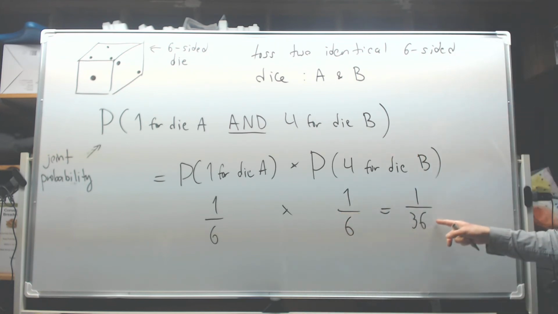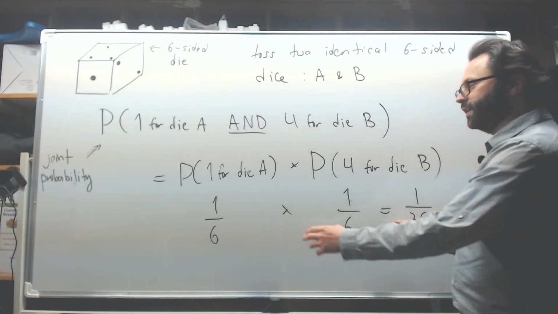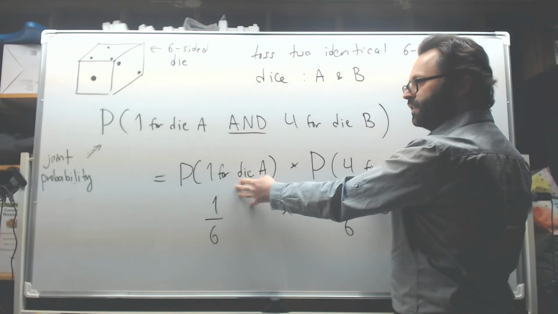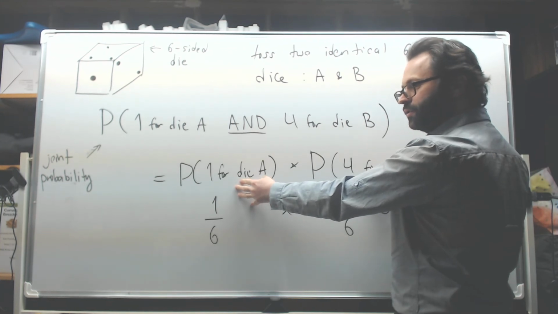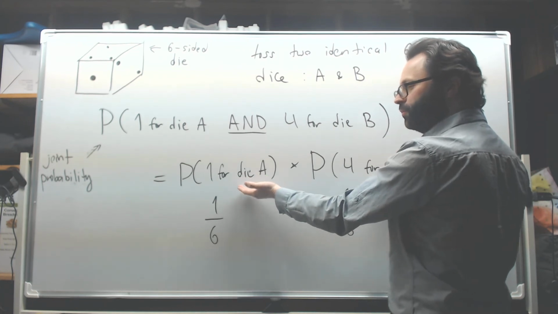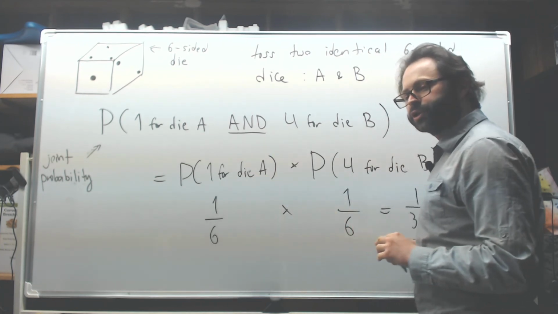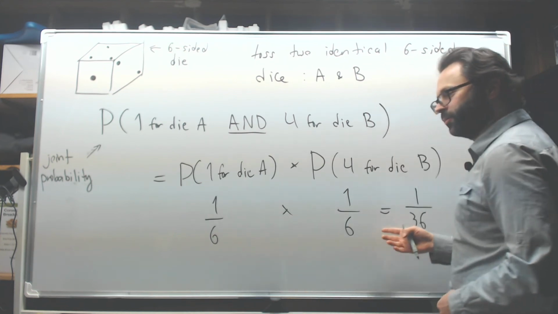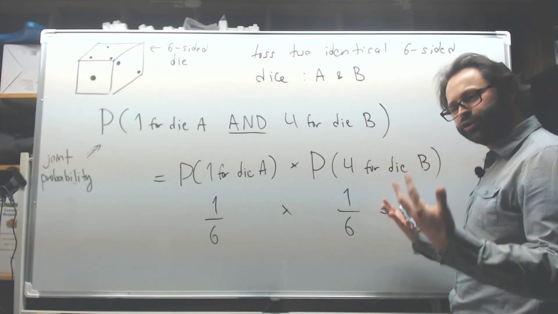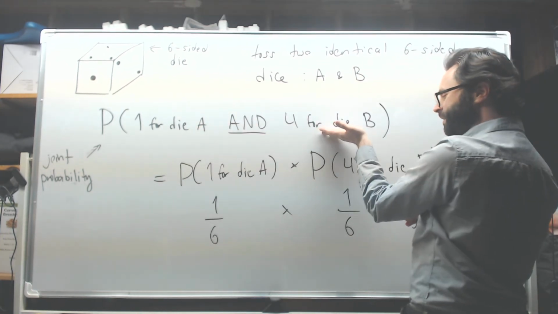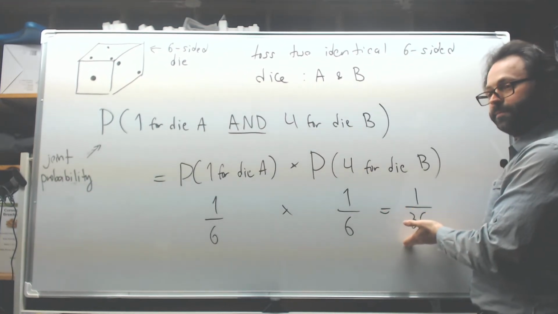Notice here that the final probability is smaller. That is to say, you are less likely to obtain this face and that face together as opposed to any one of them, because now two things have to come to fruition. Each one of them has already a reasonably low probability, but two things coming together at the same time, this composite inference, this and that, is going to be even less likely.